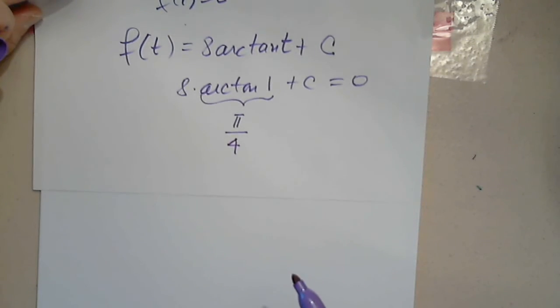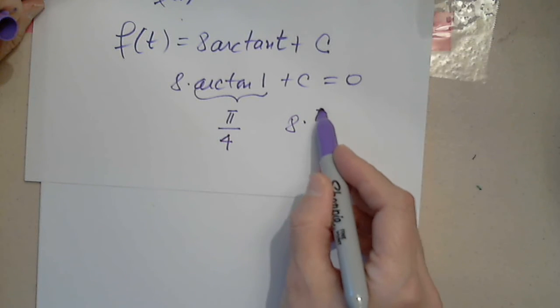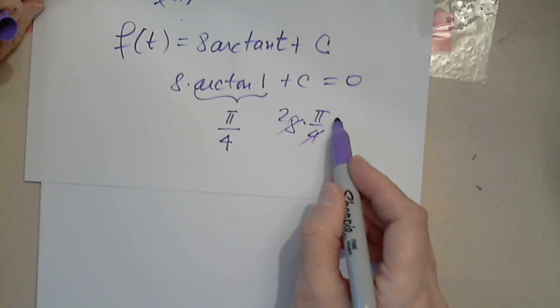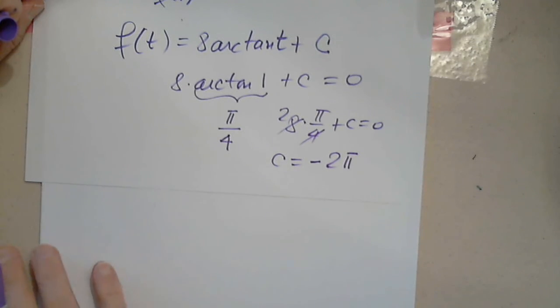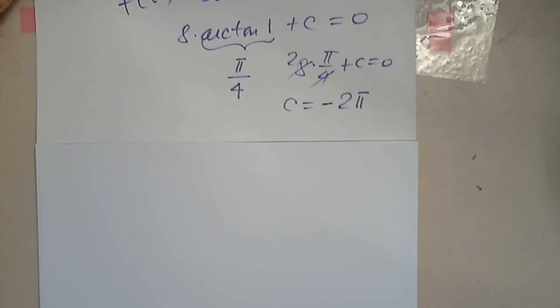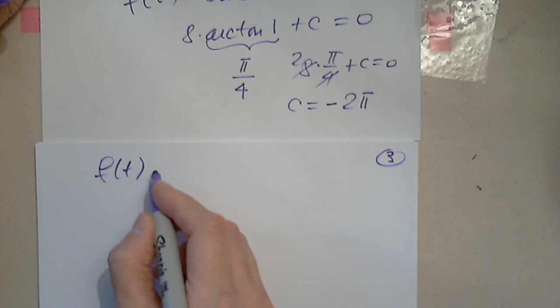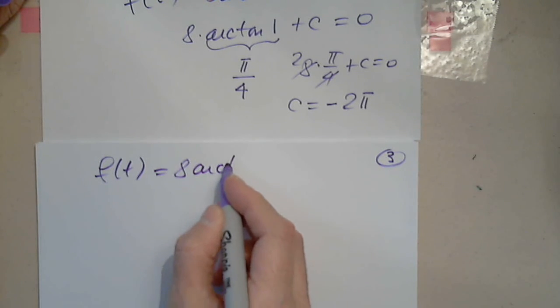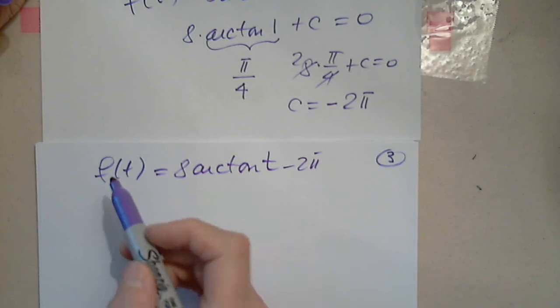Very good. So we have 8 times pi over 4. We simplify, so c equals negative 2 pi. The function we are looking for becomes f of t equals 8 arctangent t minus 2 pi.